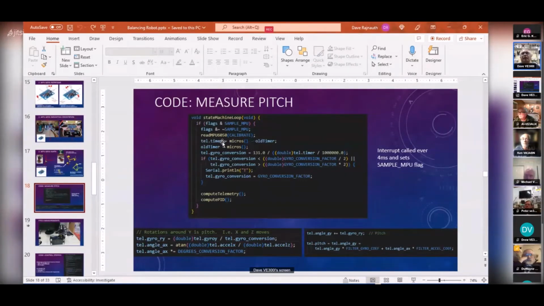I figure out the time between my values, compute the values, and then compute my PID, and I spit out the PID to the wheels to make the wheels spin. And this is how I calculate the various pitch and accelerometer angles and gyro angles.